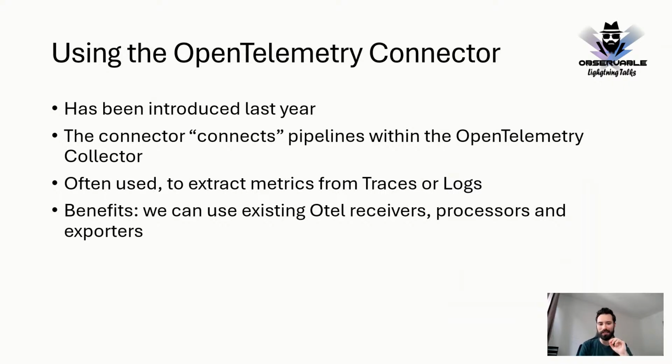The OpenTelemetry Connector is an API or a component that can exist within the collector and that connects two pipelines. So for example, it can be used to connect the traces pipeline to the metrics pipeline to extract, for example, request duration, request error rate, etc., things like this that may be available on traces already, and generate metrics from those.